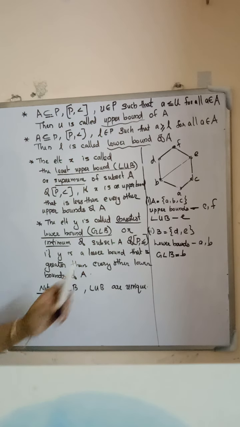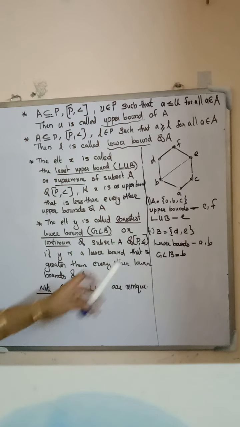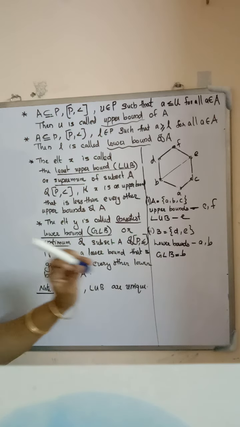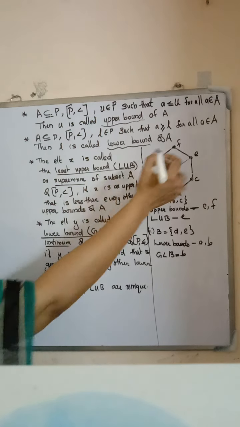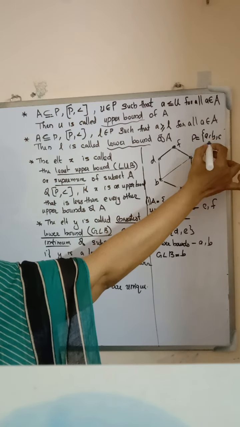So I construct another set B equal to the set {D, E}. B is a subset of P, where here P is the set {A, B, C, D, E}.